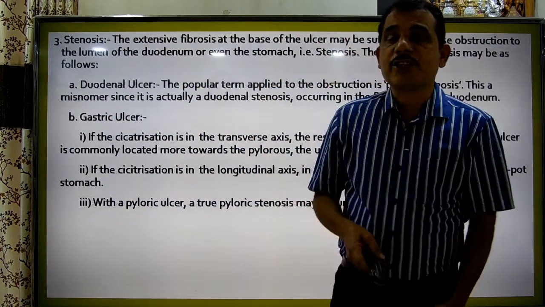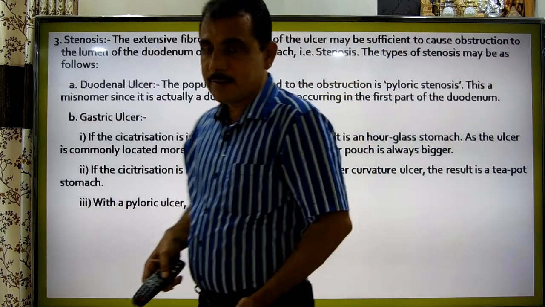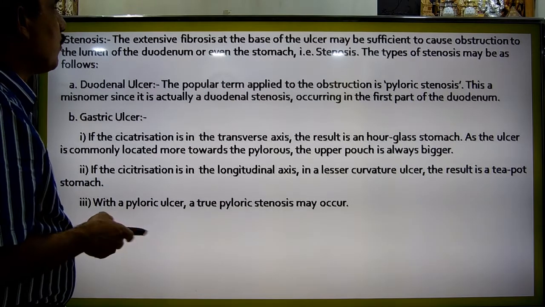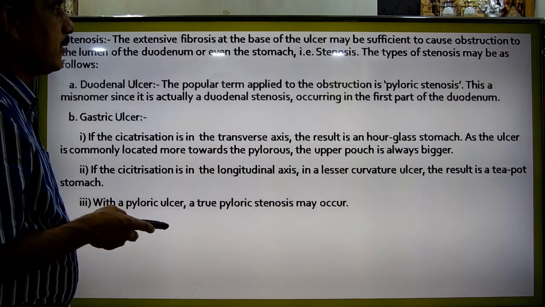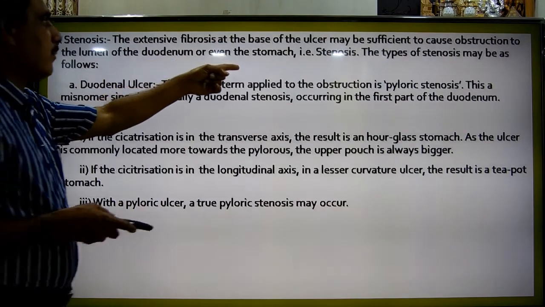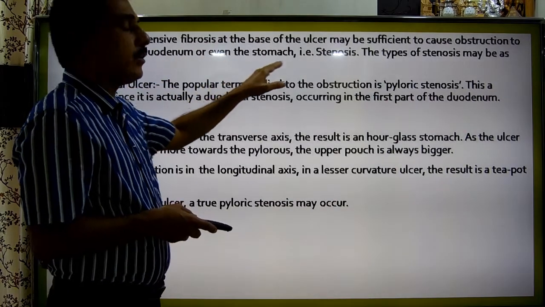Then the third complication is stenosis. Stenosis is more common in duodenal ulcers. The extensive fibrosis at the base of the ulcer will cause stenosis, especially in the duodenum, and it also occurs sometimes in the stomach.